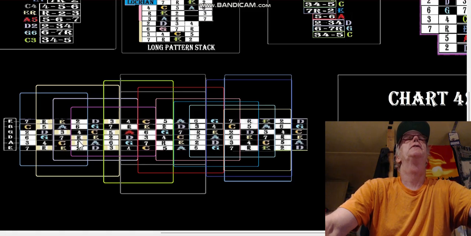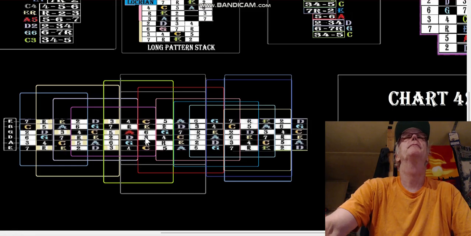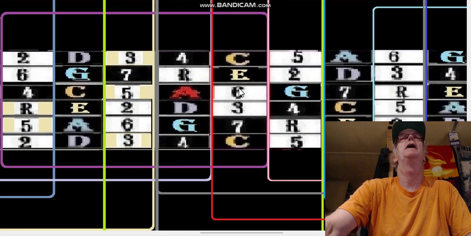Okay, 2, 3, 5, 6, 2, 3, 4, 5, 6, 7, root 2. 3, 4, 5, 6, 7. Okay, but does the Dorian box take us? Okay, I might have made that Dorian box a little too short. No, it covers the root there. You see how this goes up to there?